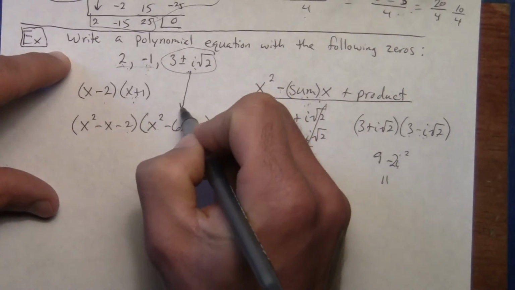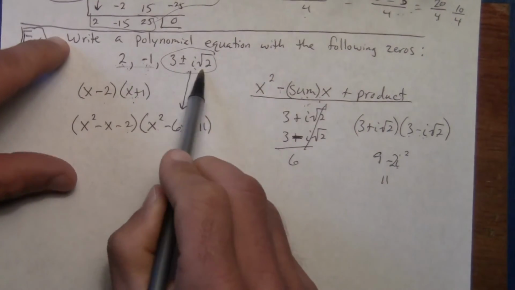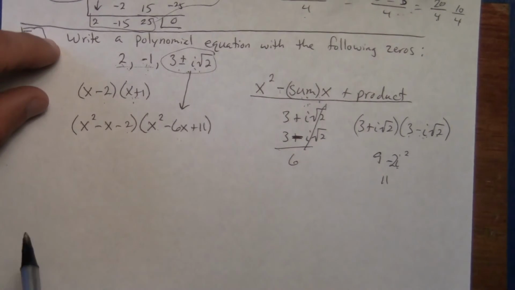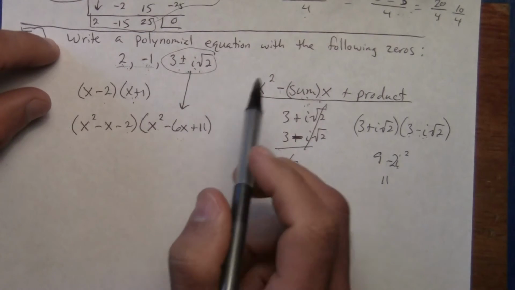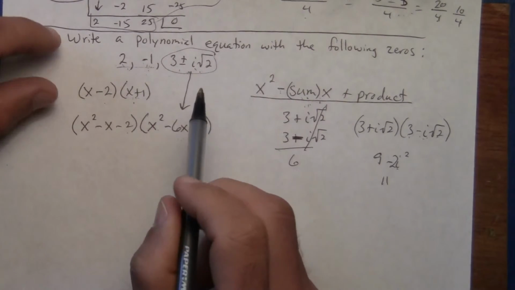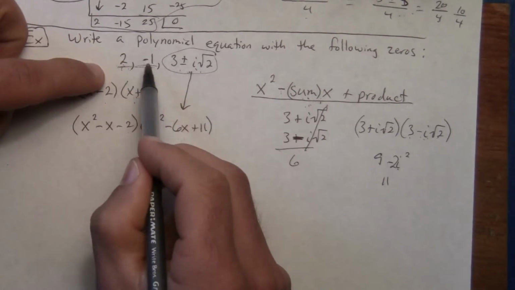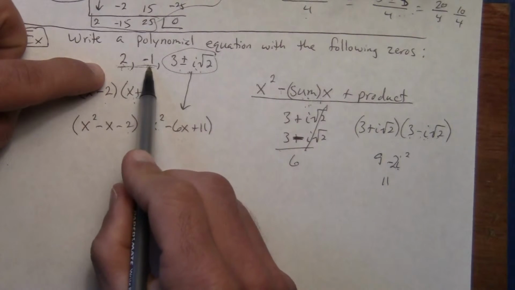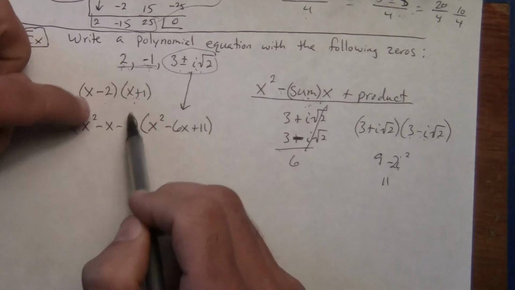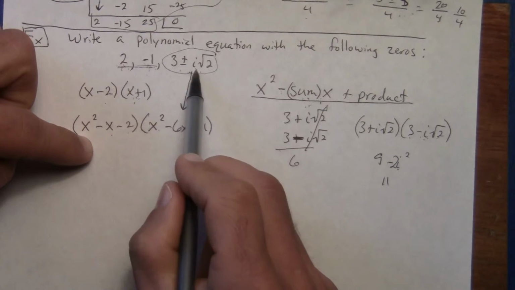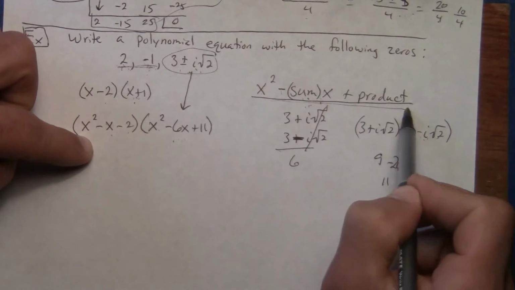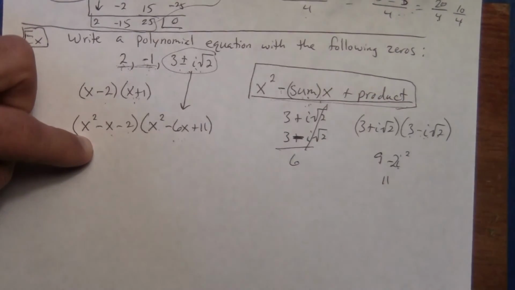And that is the quadratic where these two zeros would give you that quadratic. If you use the quadratic formula on this, you would easily get those two zeros, and that's a way you could check it. Alright, so I put the two quote-unquote nice x-intercepts, the integers, together to get this one. Put the more complicated ones, the imaginary or complex zeros, together to get this one using this formula. Make sure that this is something that you know. It makes it a lot easier.